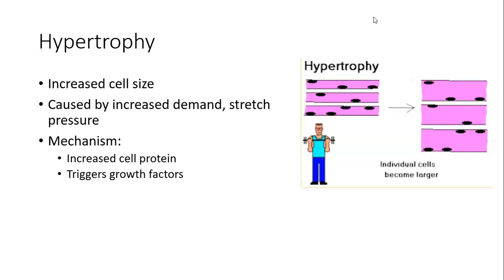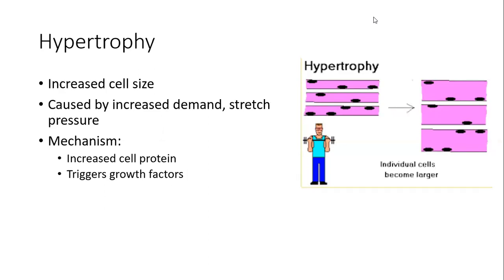Hypertrophy is increased cell size. It's caused by increased demand. It's a normal response to increased demand, stretch, and pressure. So, a good example, striated muscle cells responding to exercise. And in this case, there's an increase in cell protein and growth factors are triggered.